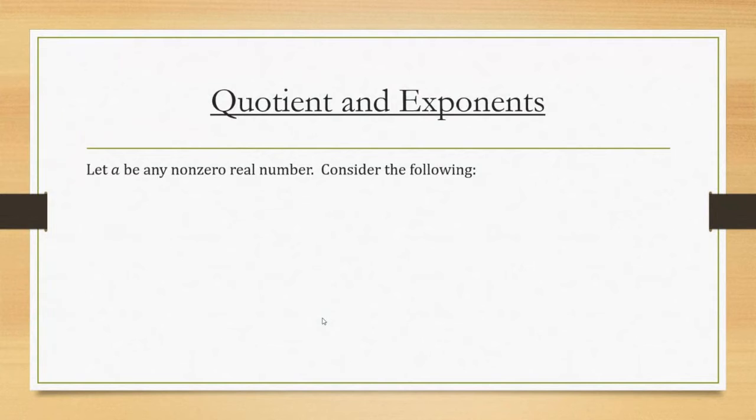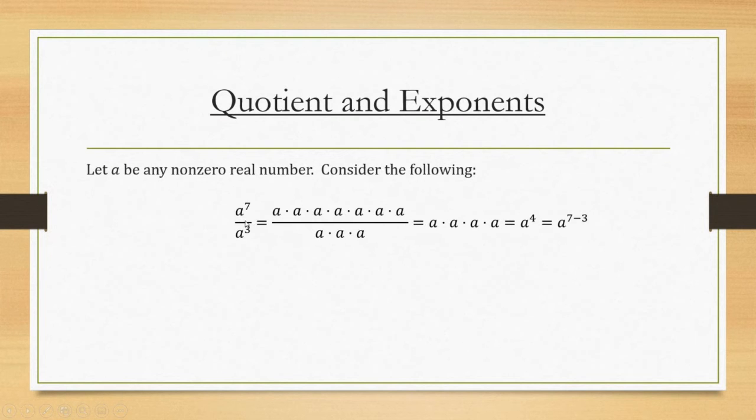Well, let's look at a quotient now. Since we have a quotient, we do need a to be non-zero. First let's consider this example: a to the 7 over a cubed. a to the 7 we just list out, and a cubed is 3 a's multiplied. Now a is not 0, because otherwise we would have 0 over 0, which doesn't make sense.